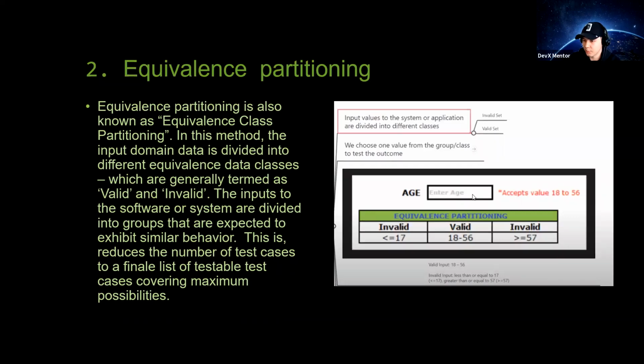For example, if we have an application which takes age and accepts values only from 18 to 56, our valid set of values is from 18 to 56, and everything else will be invalid. So this will make our life easier if we divide our input into different parts to perform this kind of testing.